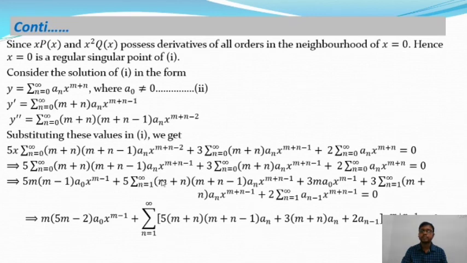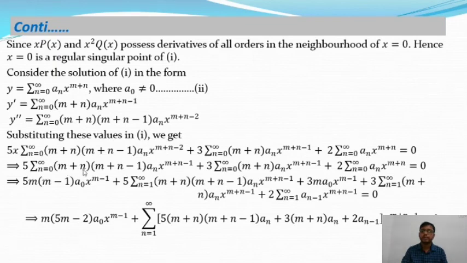This is the first term. The second term remains the same, 3 Σ (n = 0 to ∞) (m+n) aₙ x^(m+n−1). And the third term remains the same, 2 Σ (n = 0 to ∞) aₙ x^(m+n), and it equals 0.